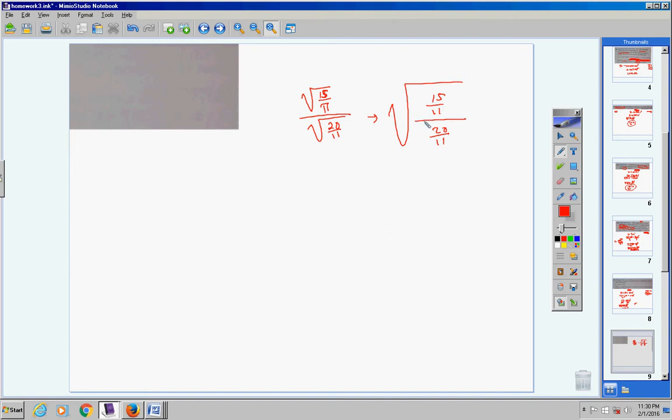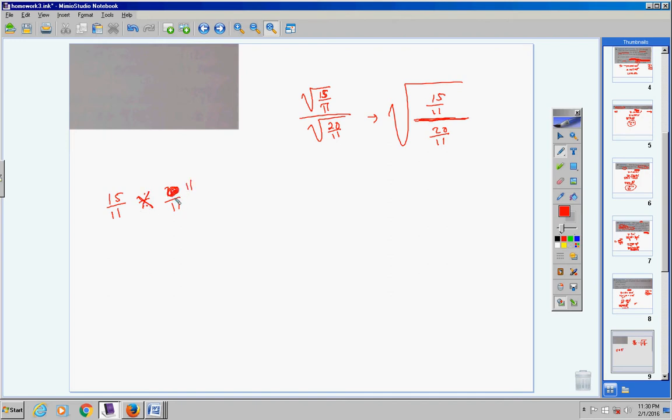Now, come on guys, we're big Algebra 2 students. We can take this and simplify it and keep it under the radical. We have 15 over 11 right here. So 15/11 divided by what? 20 over 11. Well, you guys know when you're dividing fractions, make this multiplication and flip your fraction.